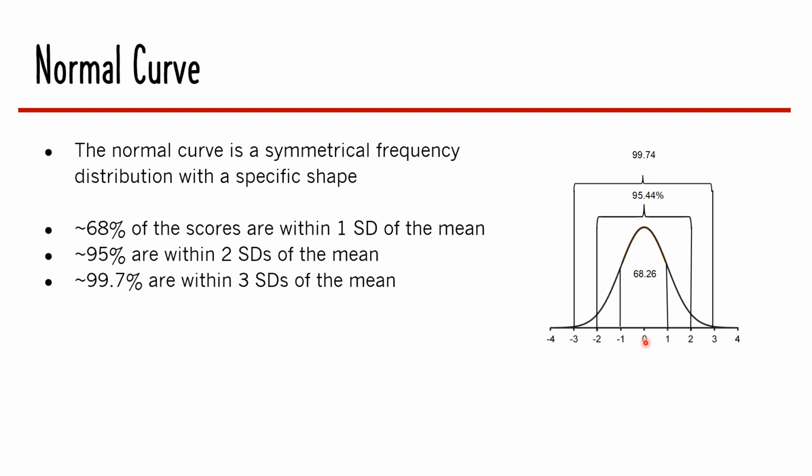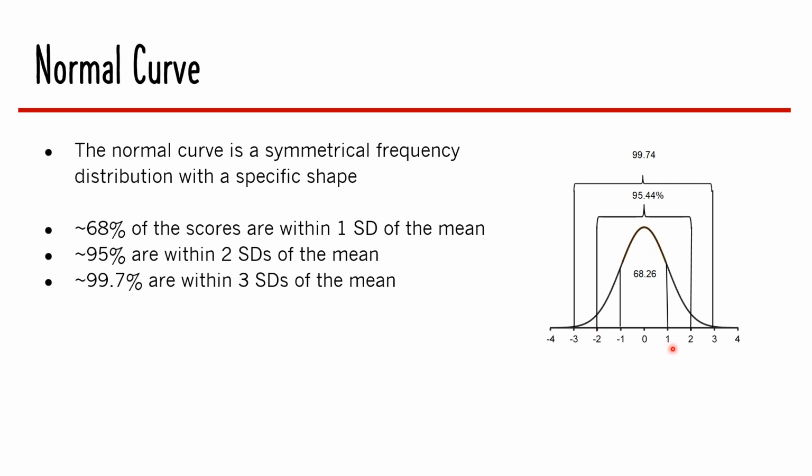Okay? Now, if we expand to -2 and +2, if you look at within 2 standard deviations, we have about 95% of the scores between them. Right? So the vast majority of scores in a normal distribution will fall between -2 and +2, or within 2 standard deviations of the mean. Okay?